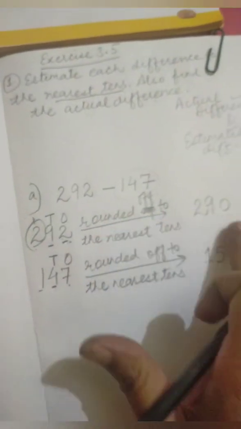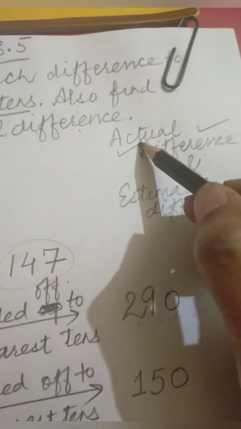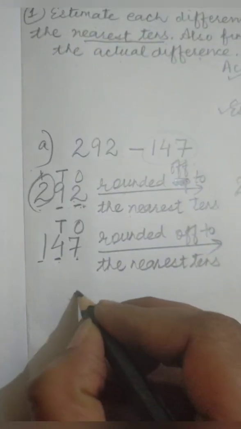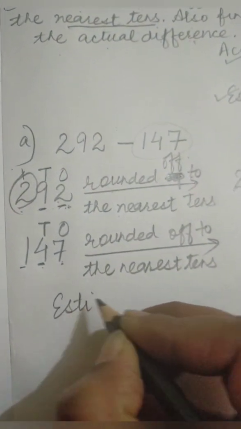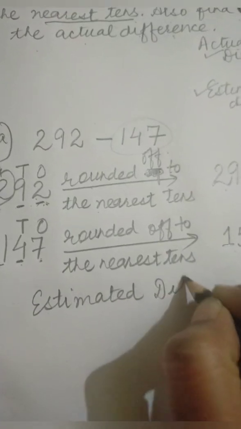Now firstly we will round off these, and after that we have to find out the actual difference as well as the estimated difference. Firstly we will find out the estimated difference.